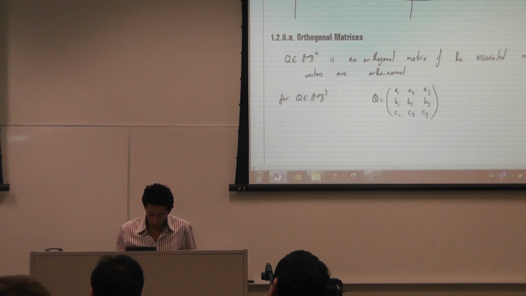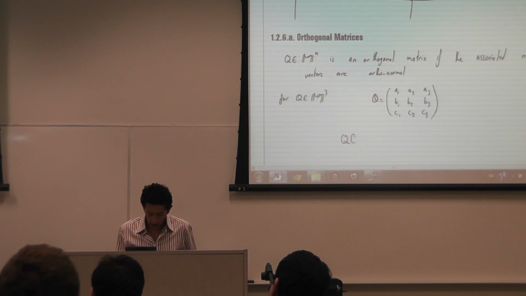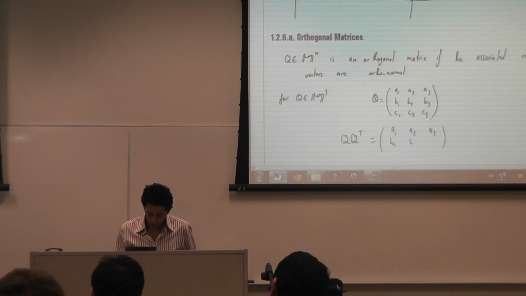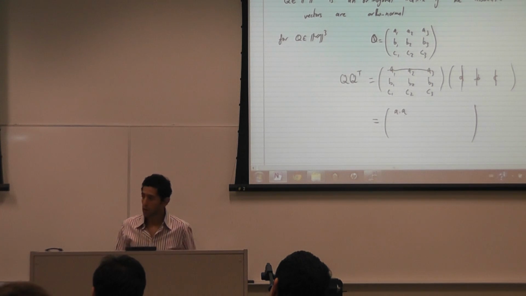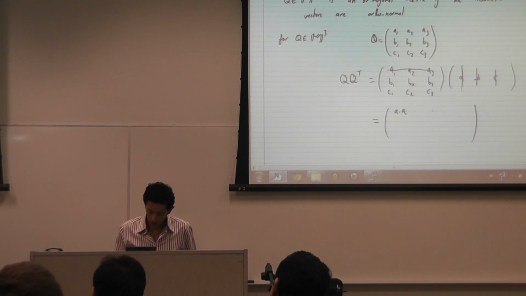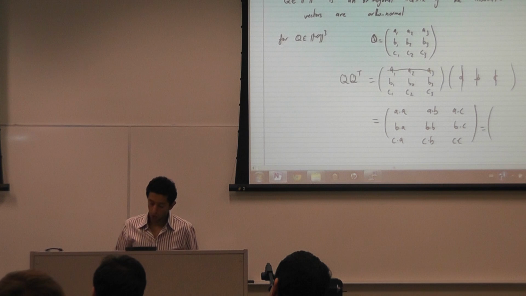What does it mean that they're perpendicular to each other? It means the following. If I take Q and I take its transpose, this is A, this is B, and this is C. The first entry here is equal to A dot A, the dot product between A and A. The second entry is A dot B. The third entry is A dot C. Then B dot A, B dot B, B dot C, C dot A, C dot B, C dot C. Now these vectors are orthonormal.